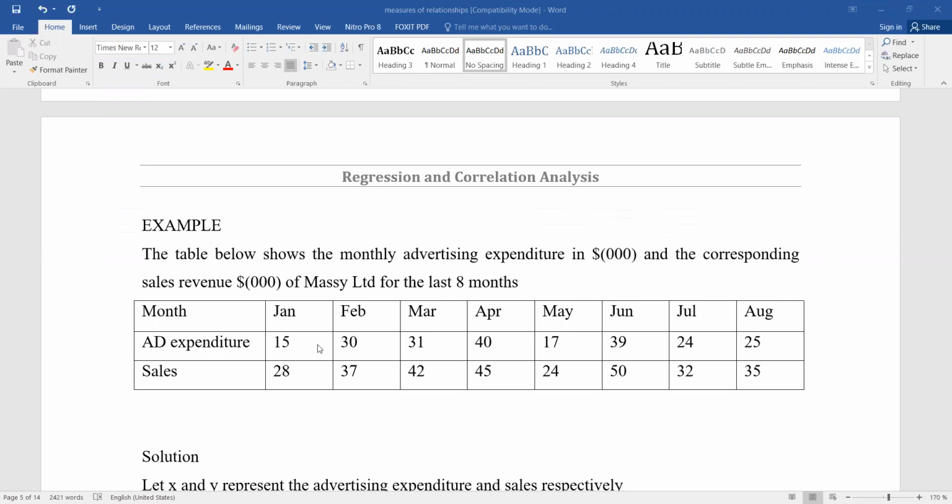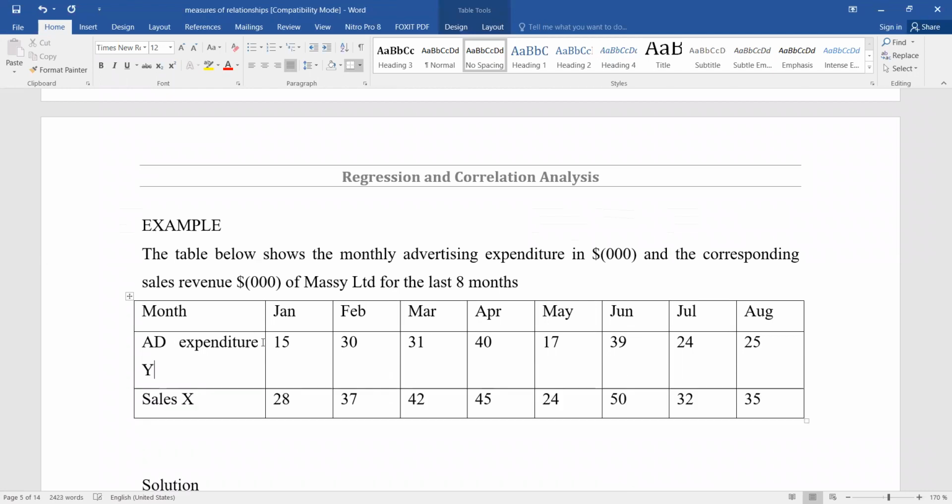So what depends on the other? What is X? What is Y? Type quickly, tell me this is X, this is Y. Sales is X, and Y is the advertising expenditure.